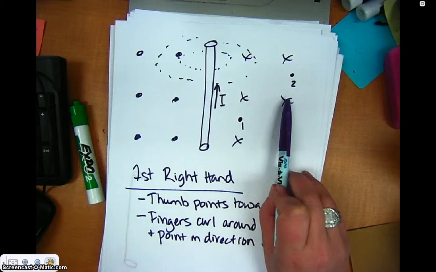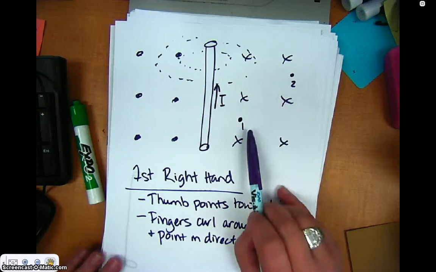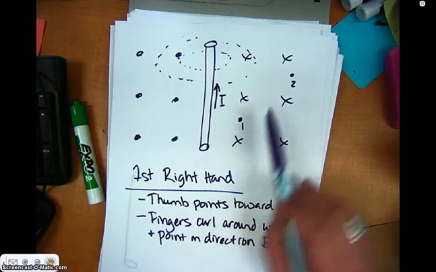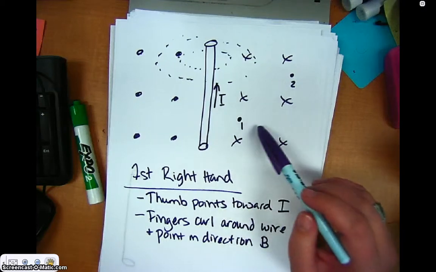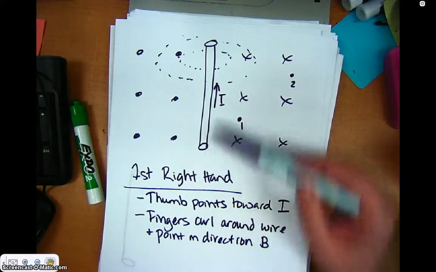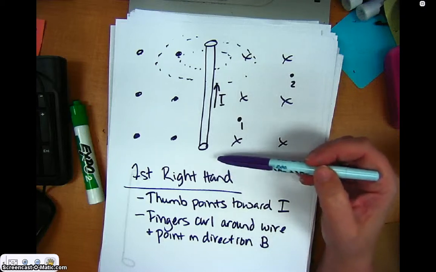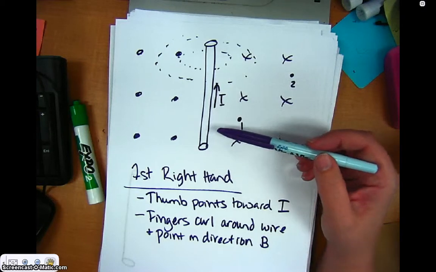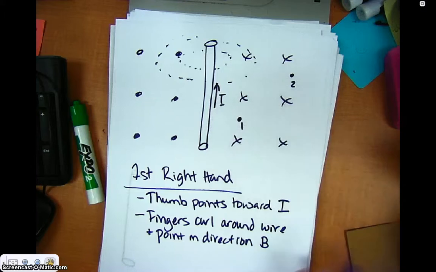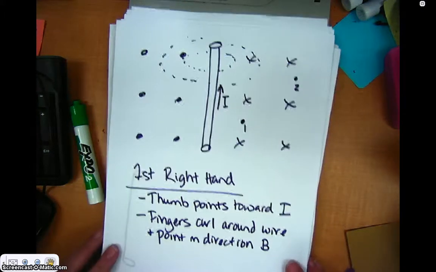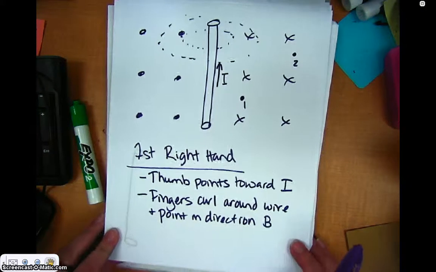Just like with any other magnetic field or magnet, the closer you are, the more force you are experiencing, right? So actually the strength of the magnetic field is stronger the closer you are to the current. Now, also, if I were to increase the current or decrease the current, that is going to affect the strength of the magnetic field. So I'm going to give you the equation now. We'll look at what that means.